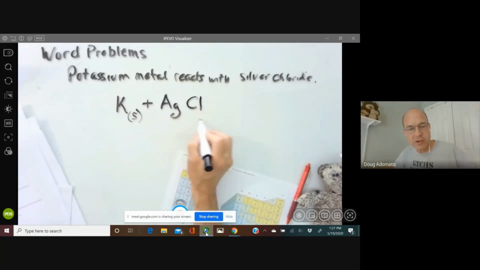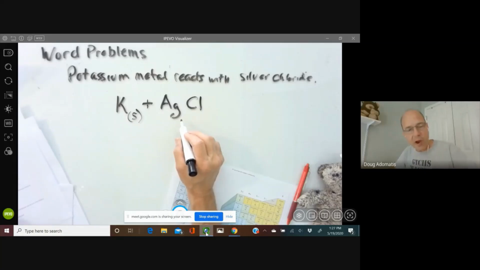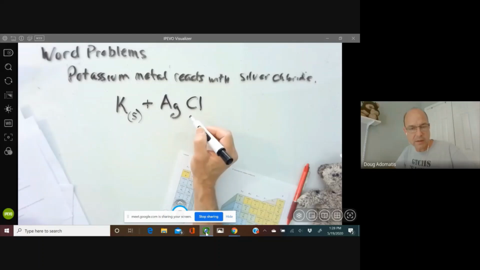Let's make sure that you have the compounds formed correctly for the products. Here's a compound. Is it formed correctly? Yes or no? You guys are having a hard time remembering back to March or February when we were in our unit on nomenclature and we were writing the names and formulas for chemical compounds.